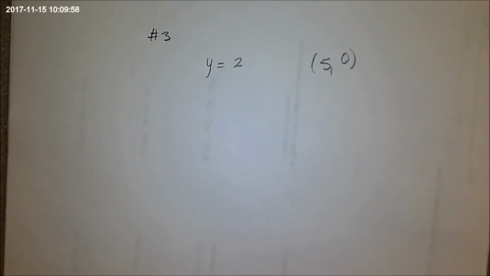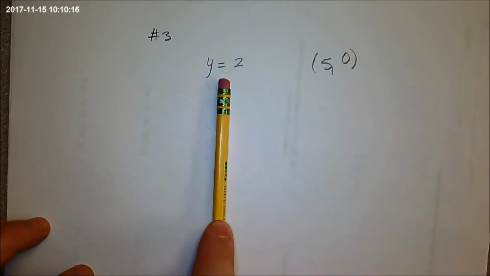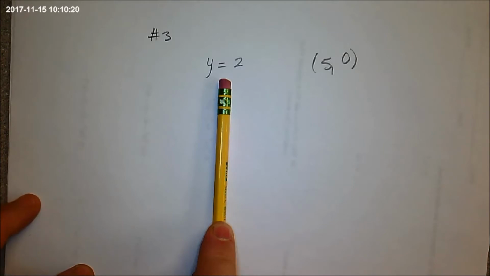Some people actually came and asked me about this question before school today. Naeli, you remember how I gave you a hard time for drawing pictures the other day? You should only draw pictures if you're stuck with everything else, right? But pictures are really good because they help you visualize. What does this line look like? It's horizontal.